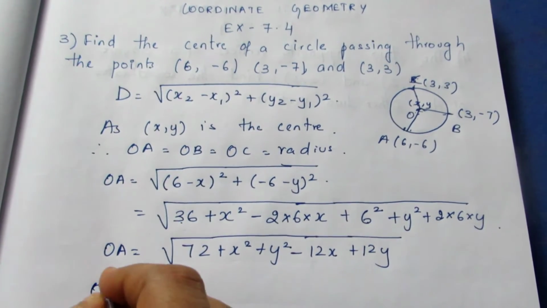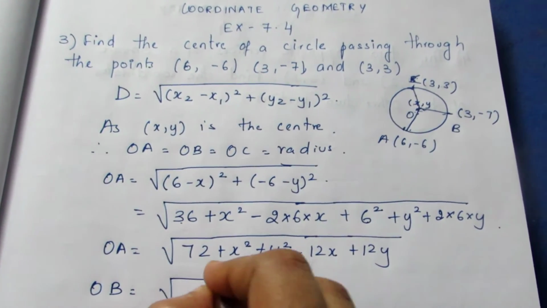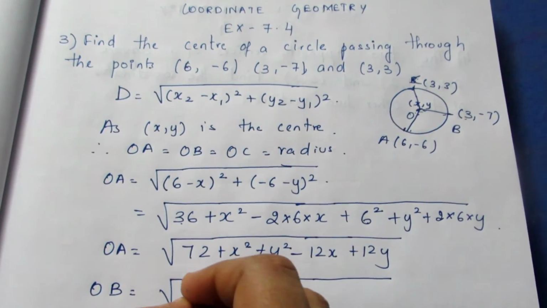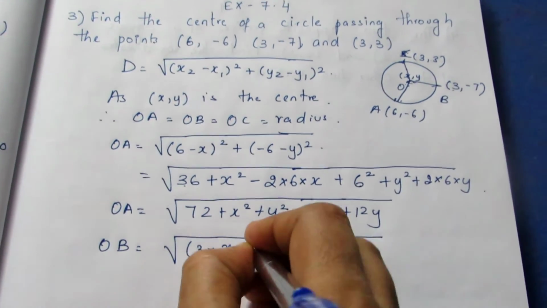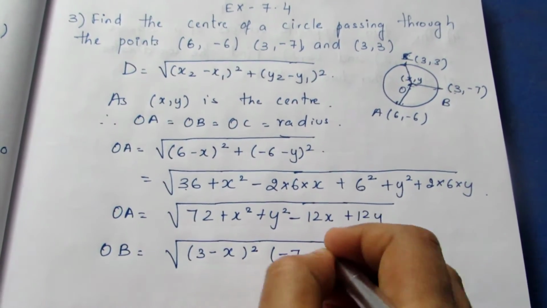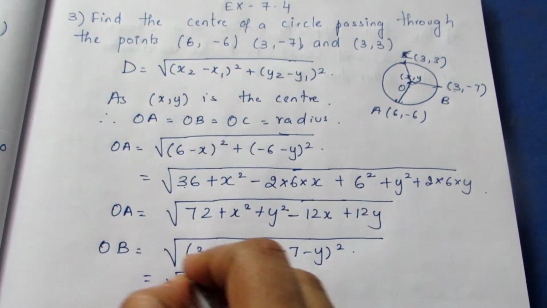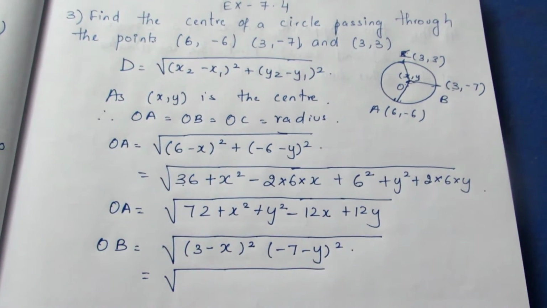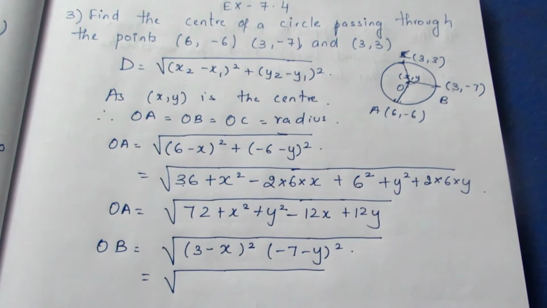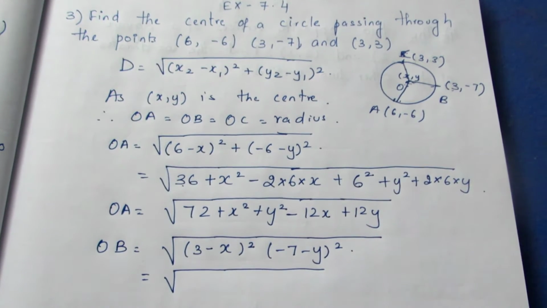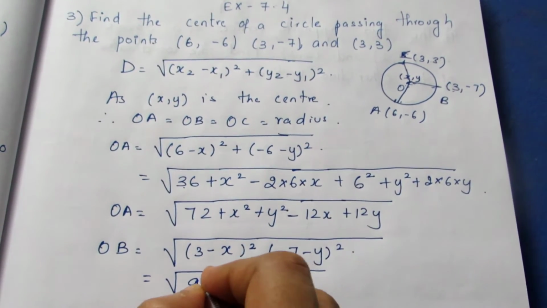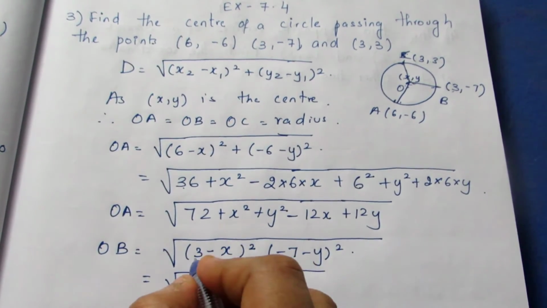In the same way we need to find the OB value now. For OB, root of (3 minus x) the whole square plus (minus 7 minus y) the whole square. If I solve this, it becomes the (a minus b) whole square formula. It's not just squaring 3 square and x square; we need to use the identity. Here it becomes 9 plus x square minus 6x, since 3 twos are 6 into x.